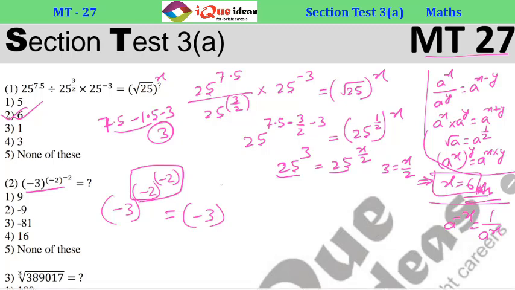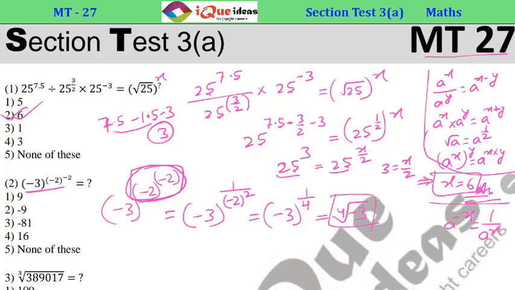So this becomes 1 by minus 2 to the power 2. So this becomes minus 3 to the power 1 upon minus 2 square, which is 1 upon 4. So it is minus 3 to the power 1 upon 4. Eventually this will be equal to 4th root of minus 3. Alright, so if you look at the options, it is none of these. That is the correct answer for this question.